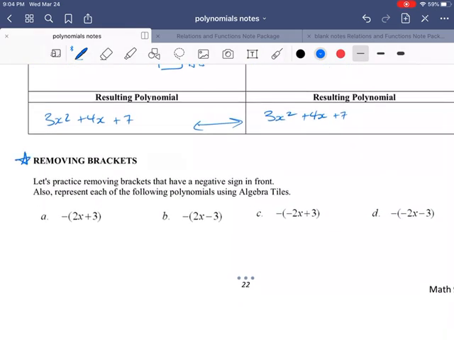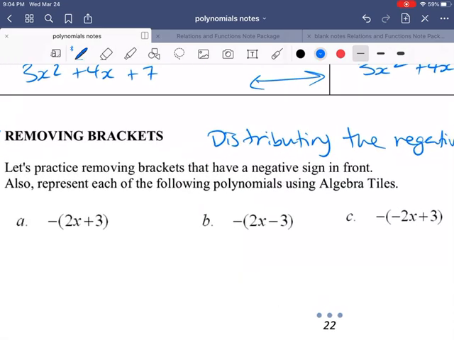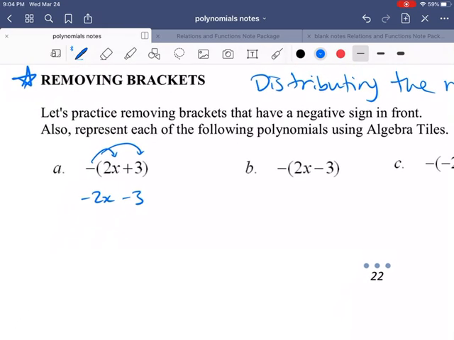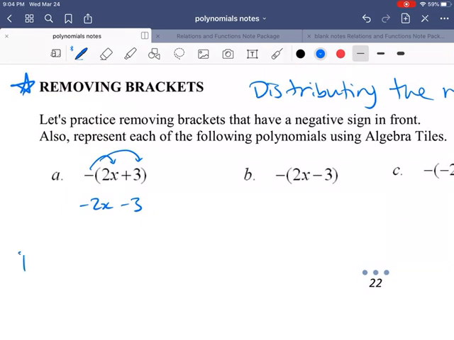So removing brackets, also known as distributing the negative. So if we want to get rid of this set of brackets, you need to multiply the negative by each term that's in there. So this becomes negative 2x minus 3. If you were to think of that in terms of algebra tiles, you would originally have 2x plus 3, and we're flipping them over to show the other side.